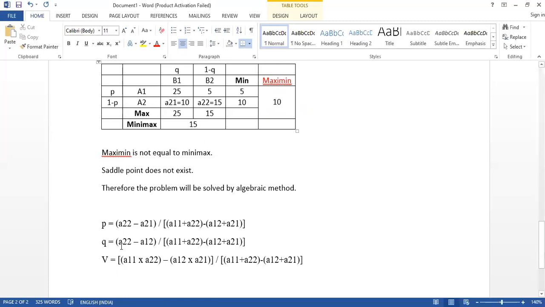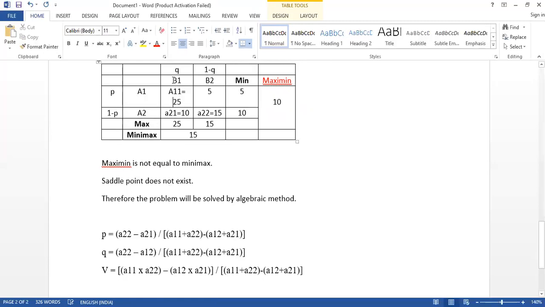Next, A22 we have already written. A11 means first row and first column. So this is our first row and first column, A11. Correct? Let us go back.